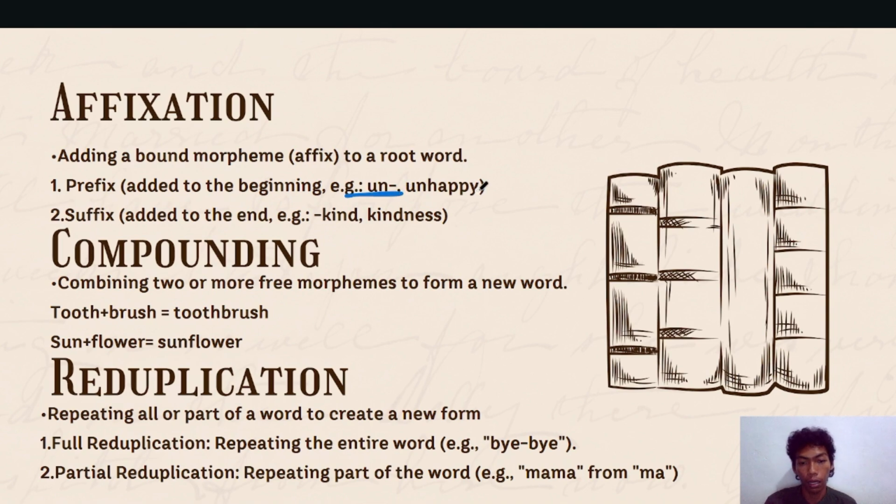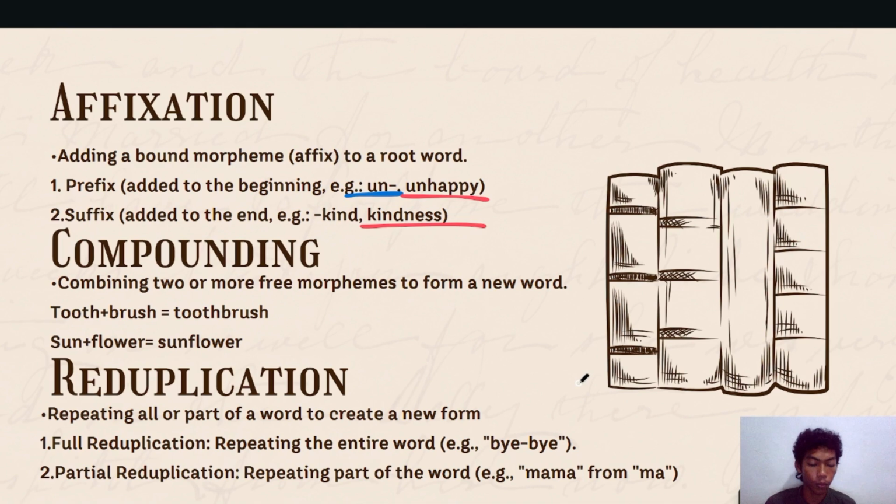Now it's unhappy, because you add a prefix. It changes the meaning of the word from happy to unhappy. And the second is suffix. For example, kind. You take kind and add ness to make kindness.